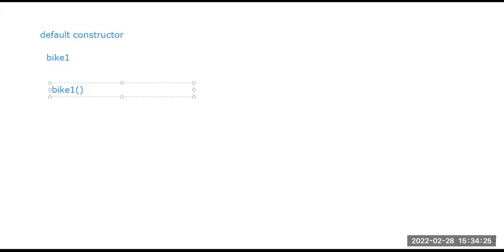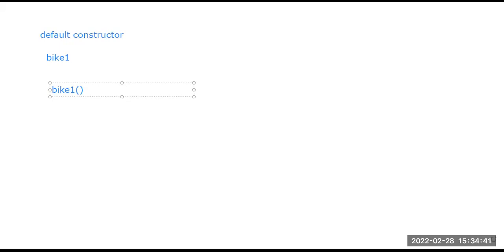So it is the creation of the constructor Bike1 that we have created, but there are no parameters used. Only the constructor, a method, is created, and we didn't initialize any parameter there.